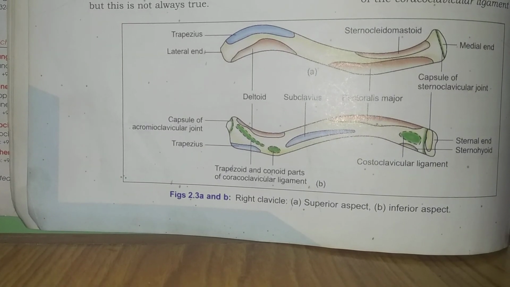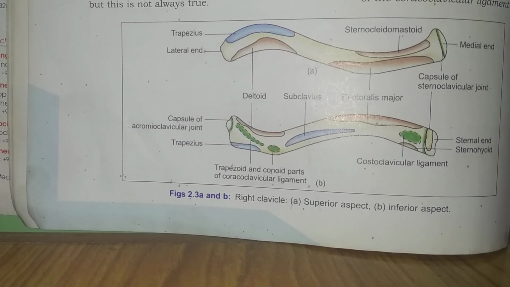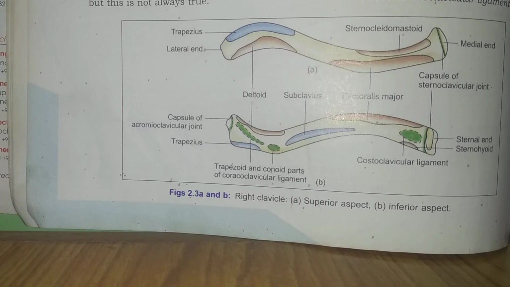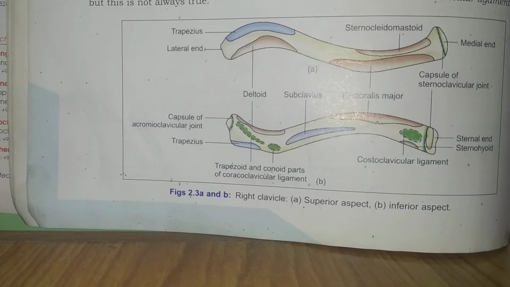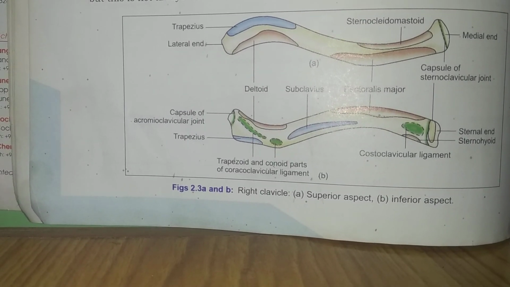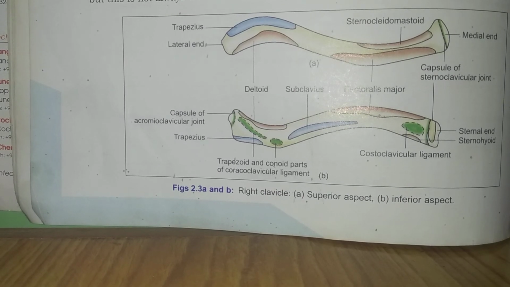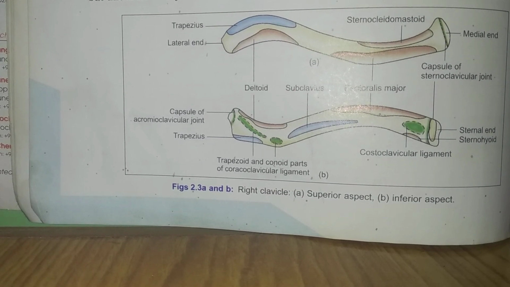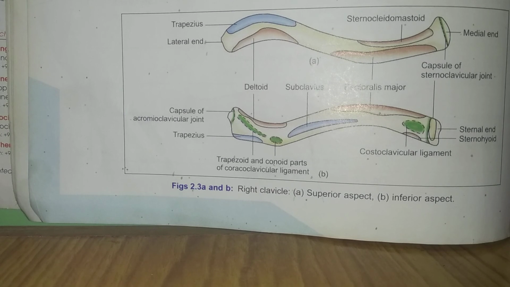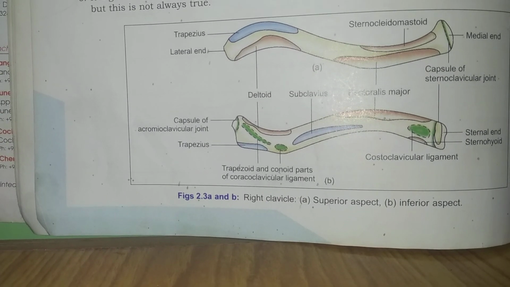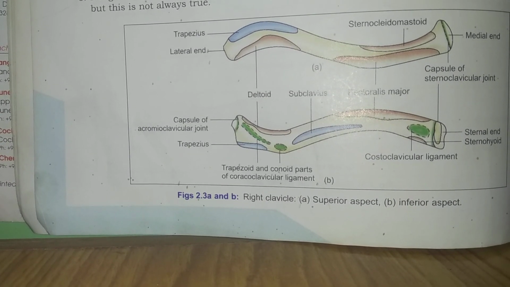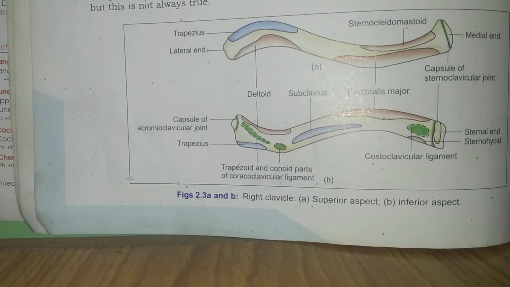Coming to the medial side, the pectoralis major originates from the anterior surface, and the sternocleidomastoid originates from the posterior surface towards the medial end. The subclavius muscle inserts at the subclavian groove.